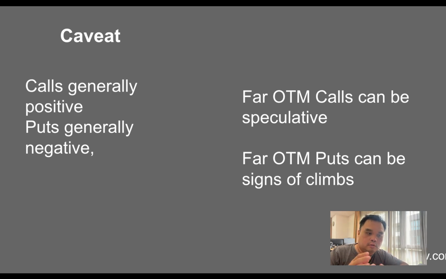Or in puts, if you see Apple puts being bought out of the money, let's say at 150, sometimes investors may be protecting their position at that number, or they're actually selling calls. You guys remember in the example before, investor A is actually selling calls to generate income. So you have to remember this as a caveat of Oak Cliff, okay? But don't put too much pressure on yourselves about this problem yet. We'll see it in examples.